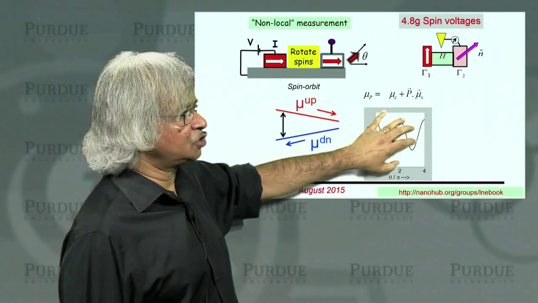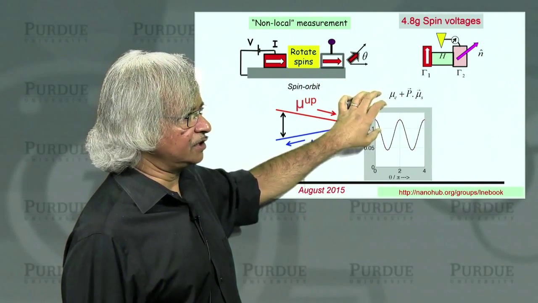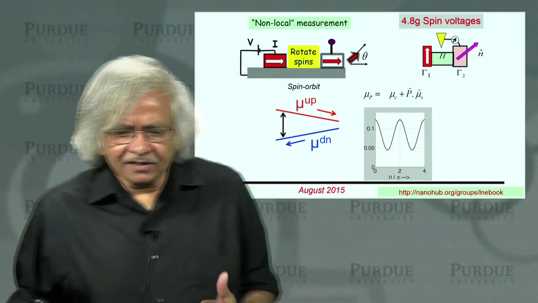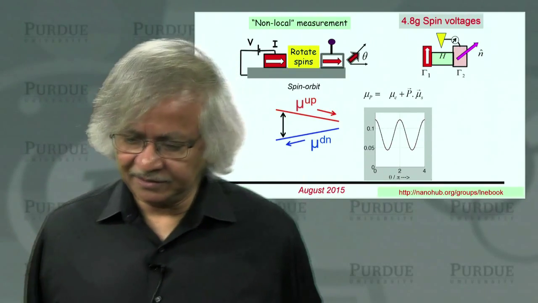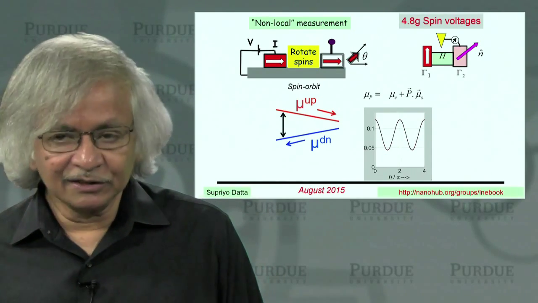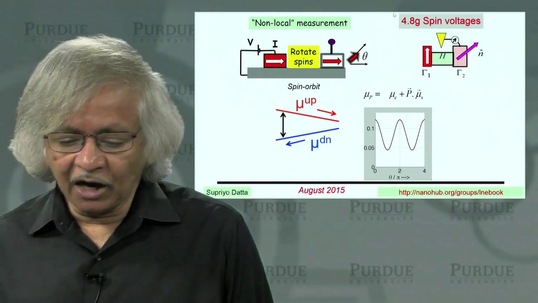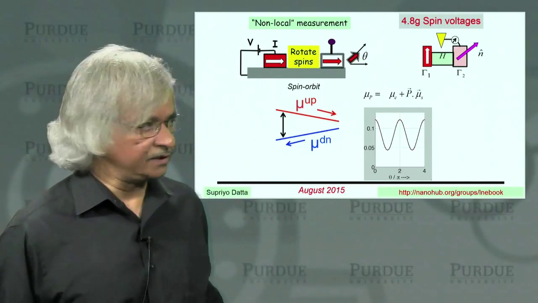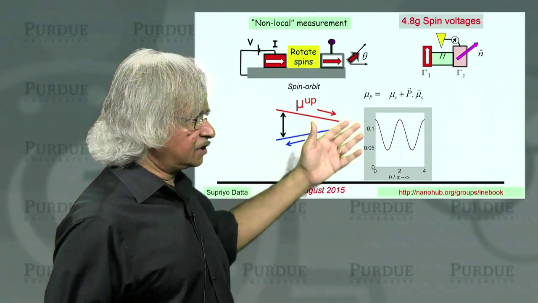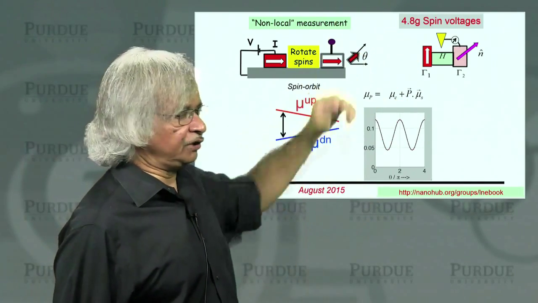And that would again show up as an oscillation in this potential. Those things have all been observed, and there are a lot of experiments along these lines, which I'm not going into because this lecture is really more about how spin potentials are measured using magnetic probes, and this general concept of the spin voltage.